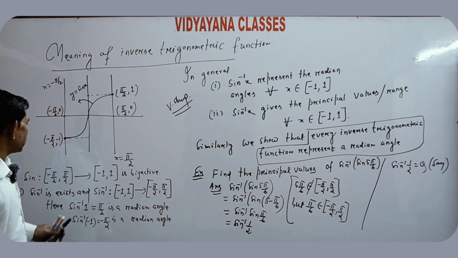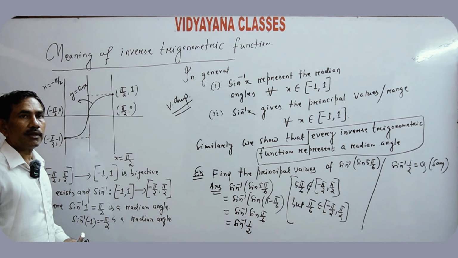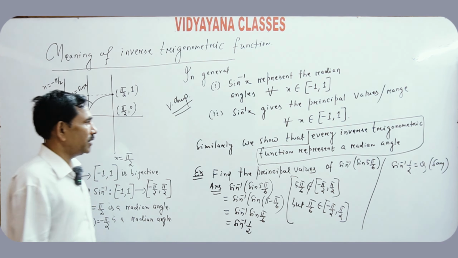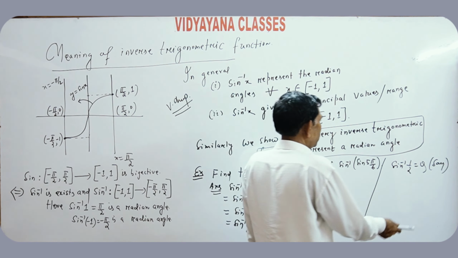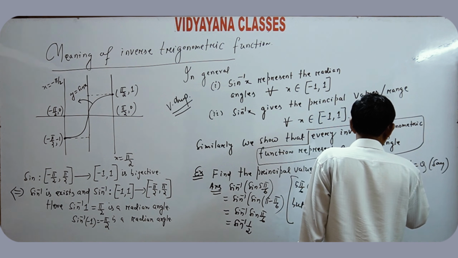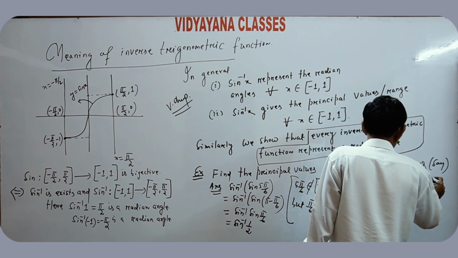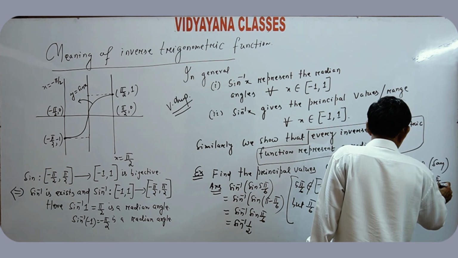If f is a function from A to B and is bijective, y is equal to f(x) implies and is implied by x equal to f inverse y. Since it is bijective, its inverse exists. So it implies and is implied by sine theta is equal to half, which is equal to sine pi by 6.